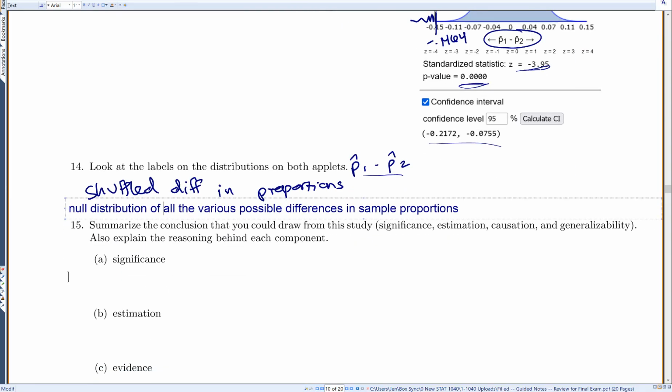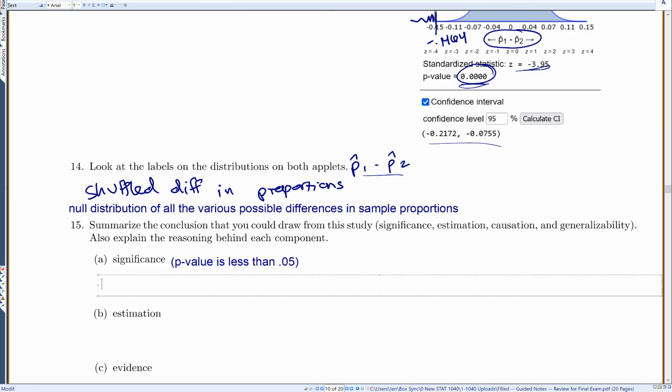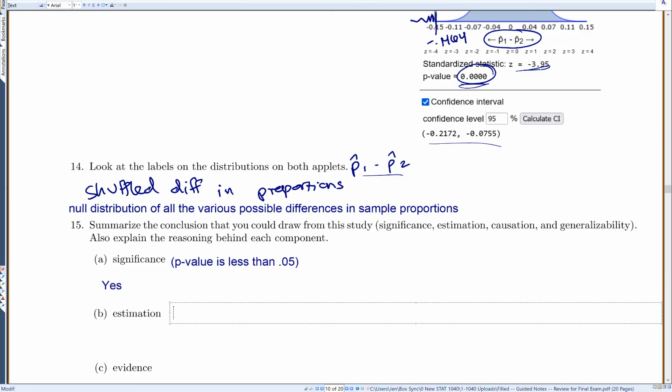Now let's summarize our final conclusion that we could draw from this study. So we had a very, very small p-value. So is it significant? Okay, our p-value is less than 0.05, so yes. Okay. What about estimation?